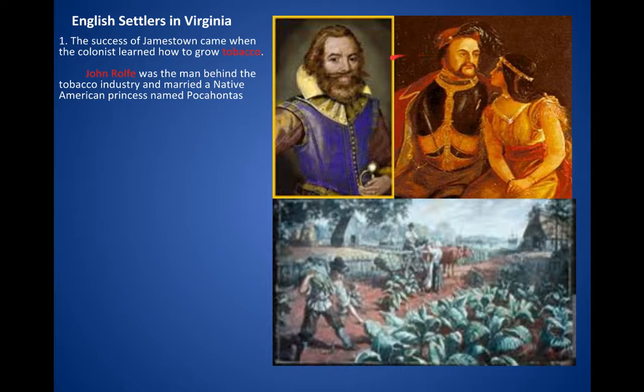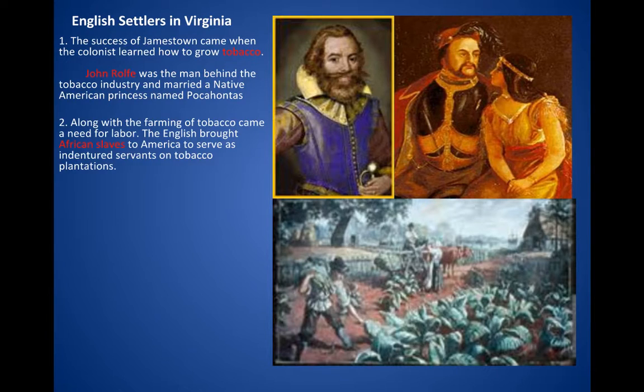And then I told you the story about how she went to London and actually ended up dying on the way back from smallpox. So that's how Pocahontas comes into the story of the settlement of Jamestown and the English settlers. Pocahontas was actually John Rolfe's wife.